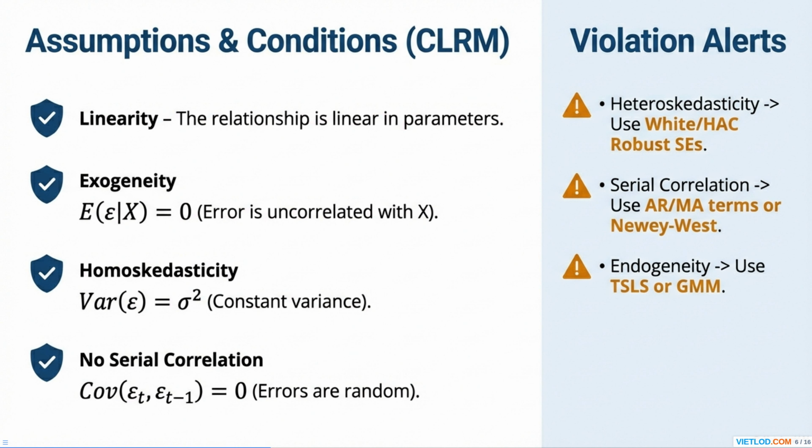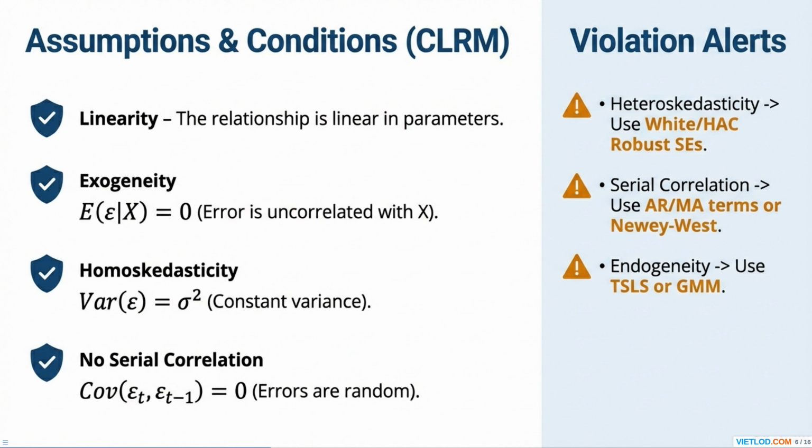However, these ideal conditions are often violated in real-world data, requiring specific remedies. If we encounter heteroscedasticity, where error variance is not constant, our standard errors become incorrect. The solution is to use White or HAC robust standard errors. When errors are correlated over time, known as serial correlation, we can address this by incorporating ARMA terms into the model or employing Newey-West standard errors.